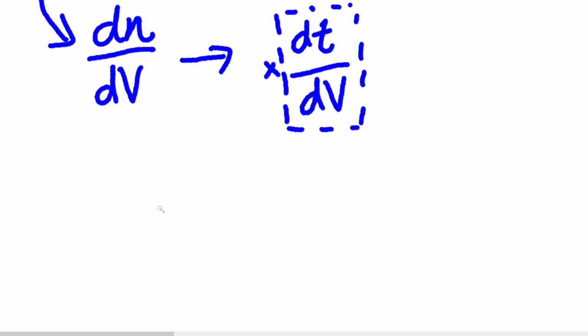We have some amount of photons that are emanated every second.